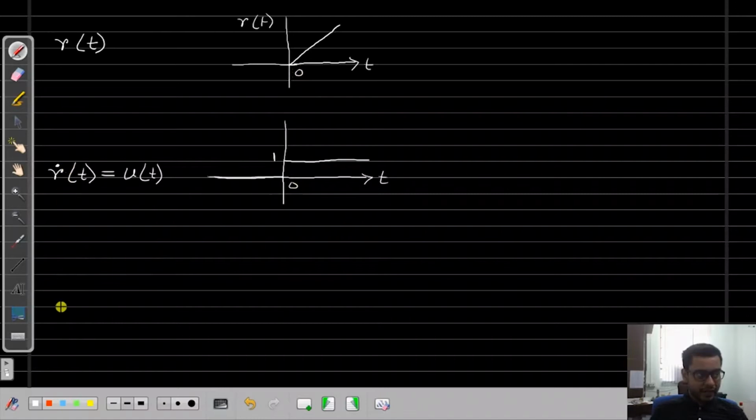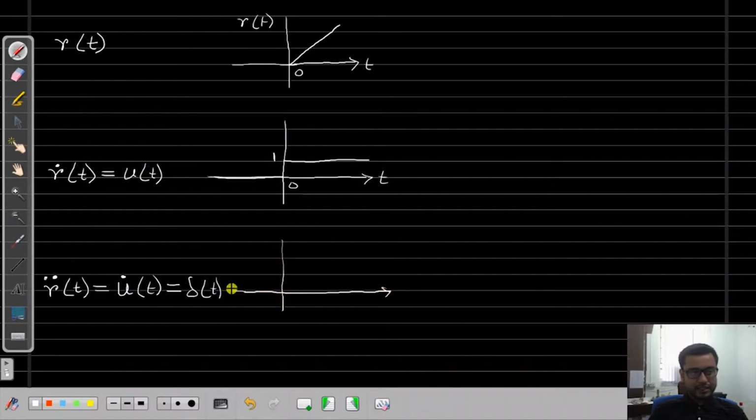If you take another derivative, which will be r double dot t, that means the first derivative of u of t, that is the same as delta t, the unit impulse function, which looks like this. It is 0 almost everywhere except at t equal to 0, which we indicate with the arrow.